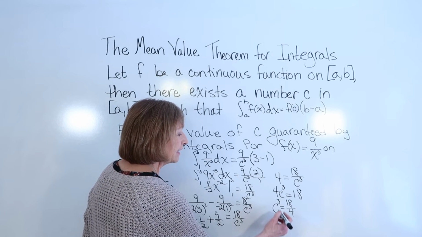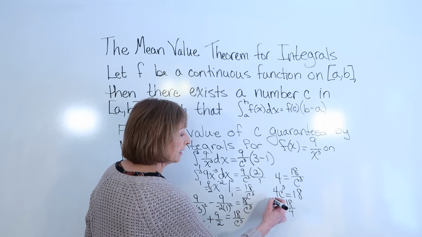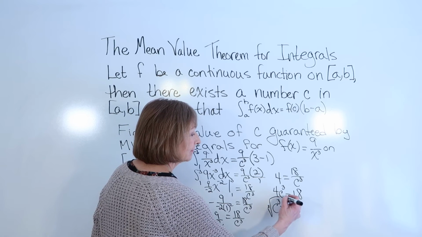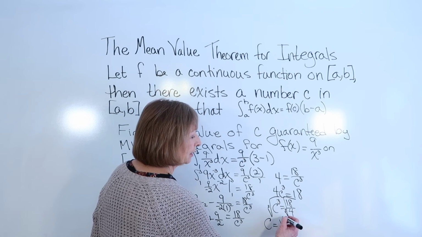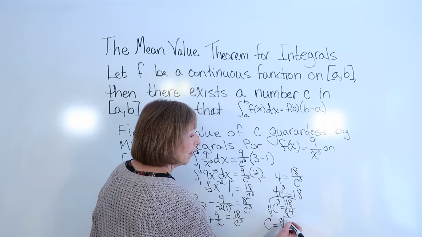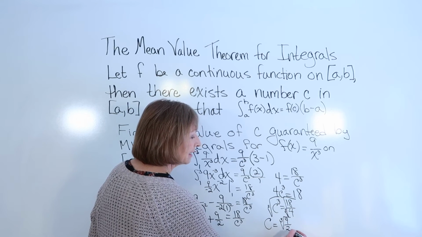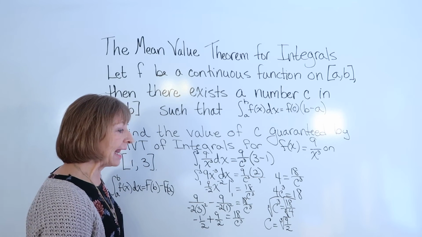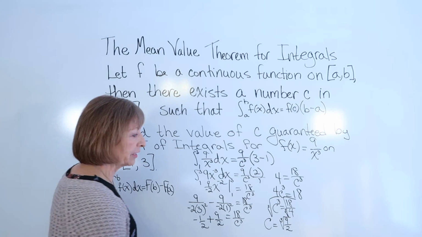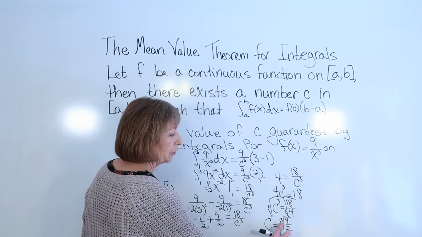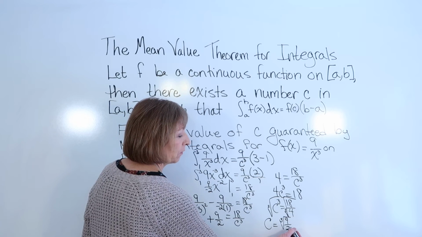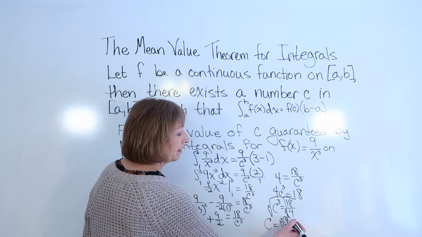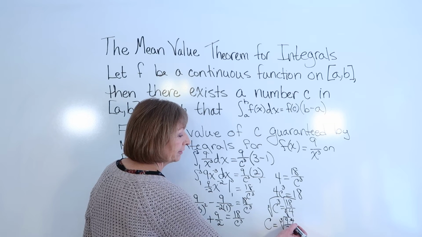And so when I take the cube root of both sides, I get c is equal to the cube root of 9 halves. And then if you go ahead and rationalize your expression, I need a perfect cube in the denominator. So I'll multiply top and bottom of this by 4 to get a perfect cube in the denominator.